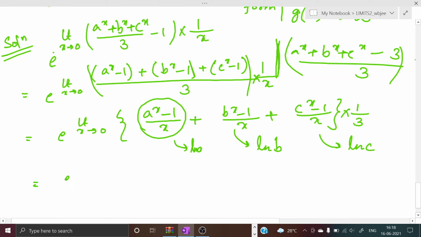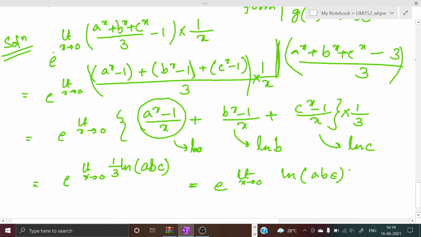We are getting e to the power limit x tends to 0 of (ln A plus ln B plus ln C) by 3, and ln A plus ln B plus ln C is ln of A into B into C. This can be written as e to the power ln of (ABC) to the power 1 by 3, property of log. Now again, by the property of log, this is equal to (ABC) to the power 1 by 3.